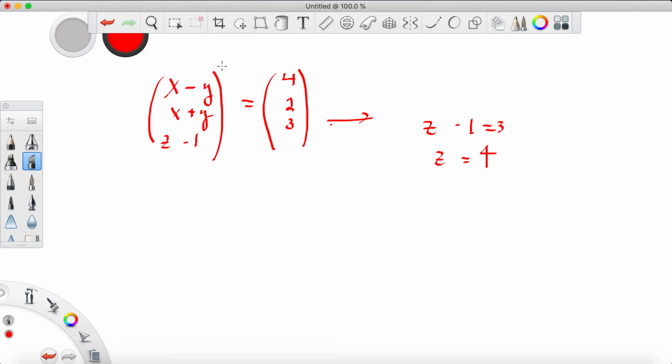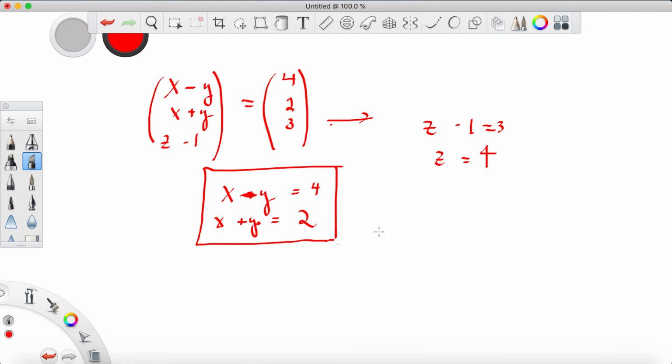For the other two, it's going to be a bit more difficult to solve, but we can write it as a system of equations, and we can solve that. So how do we solve this? Well, there's two methods for solving this. Method 1 is elimination.